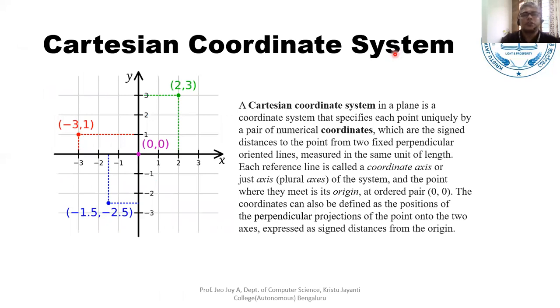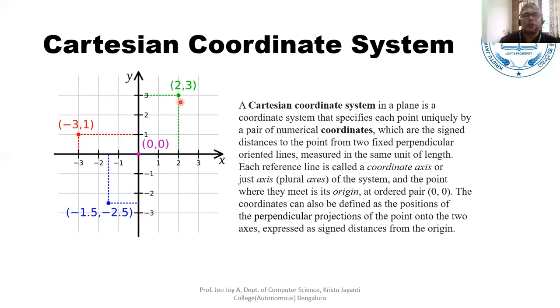The Cartesian coordinate system can be represented in a plane wherein you have two perpendicular axes, the x as well as the y axis, and the bisection point of these two axes, that is represented here as the coordinate 0, 0. Okay, that is considered as the origin.